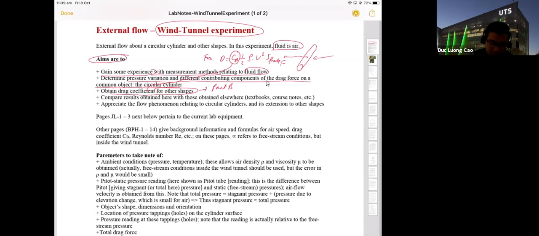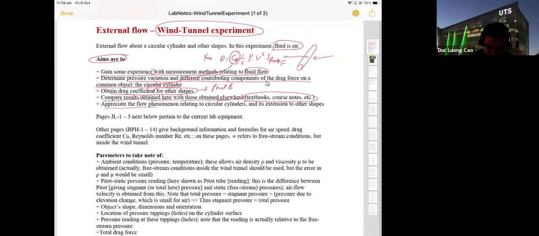You find the drag coefficient for the other shapes, and you compare the results from your calculation with the results from elsewhere, from the textbook, the course note, or the internet.